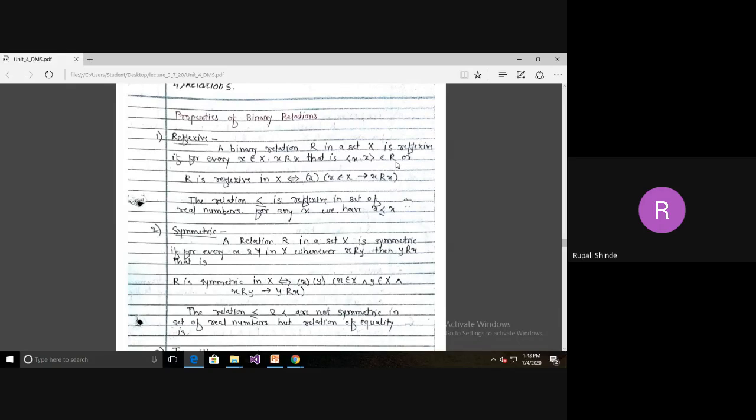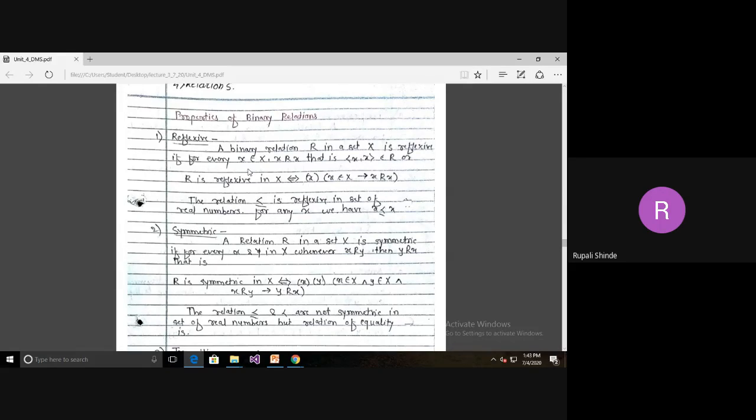Now suppose relation R is defined as the ordered pair 1 comma 1 and ordered pair 2 comma 2 on set X, where X contains the elements 1 comma 2. That means 1 and 2 are the elements of set X, and from this set X we have defined one relation whose elements are 1 comma 1 and 2 comma 2. Now we have to check whether this one is reflexive.